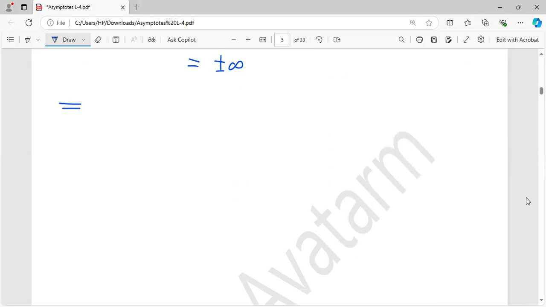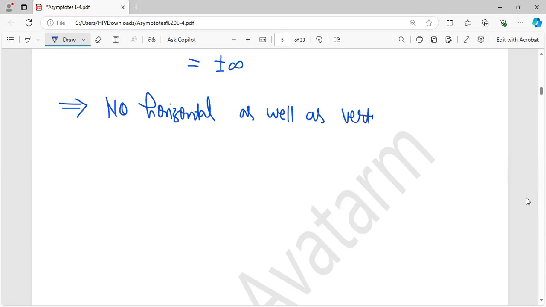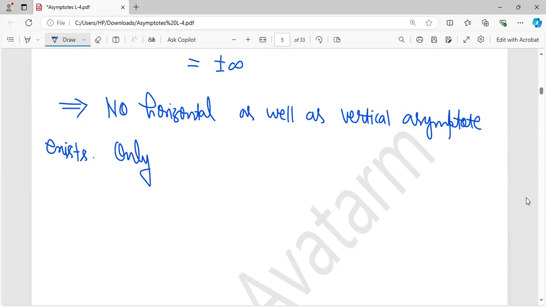So this implies no horizontal as well as vertical asymptote exists. Only an oblique asymptote may exist.